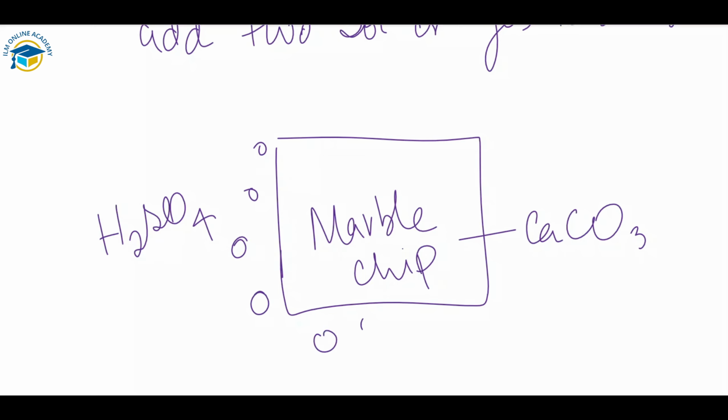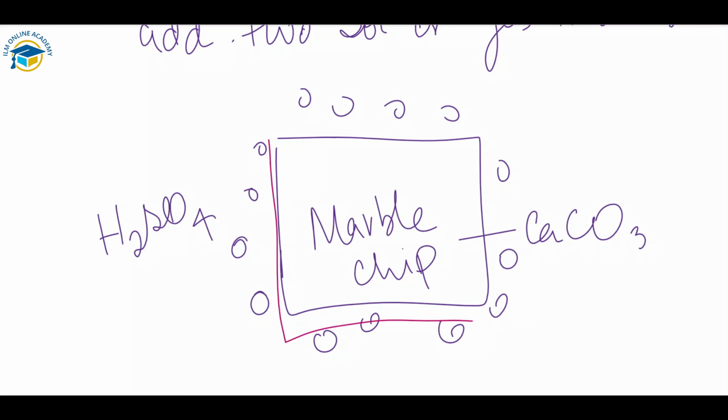You can see here on the surface of the marble chips, gas is given off as the bubbles which are formed here. So hydrogen ions can't get at the calcium carbonate. Formation of a layer of the insoluble calcium sulfate stops the reaction. When the reaction between them happens, a layer of calcium sulfate is formed, like this one.